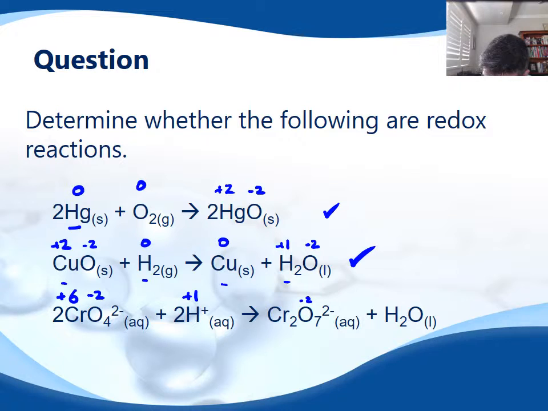We need -2, so we need +12 altogether. Dividing 12 by 2, we get +6 for the chromium. The hydrogen will remain +1 and the oxygen will be -2. In this case, there's been no change in the oxidation state for the chromium, the oxygen, or the hydrogen, and hence this is not a redox reaction.